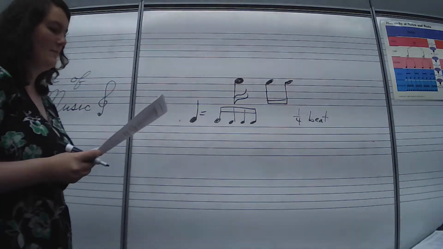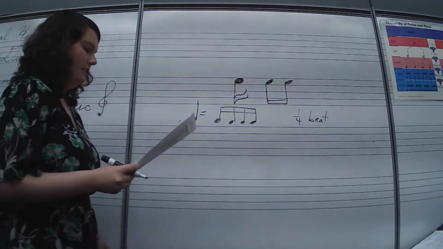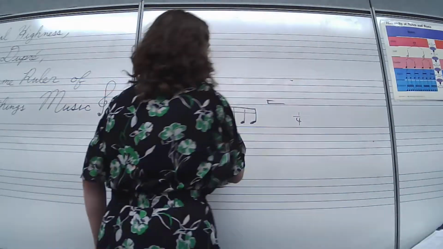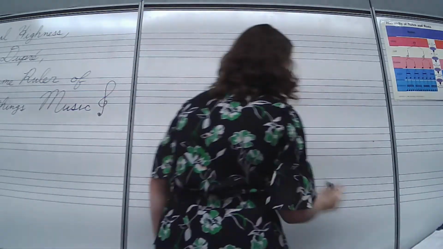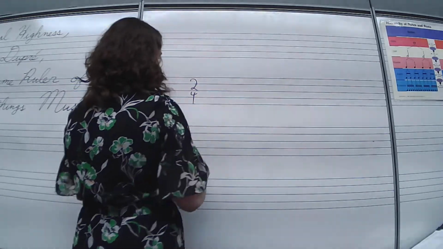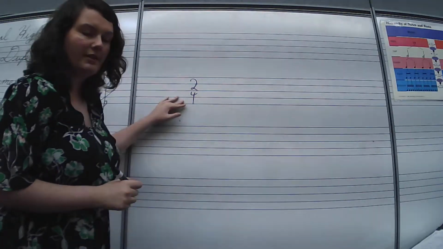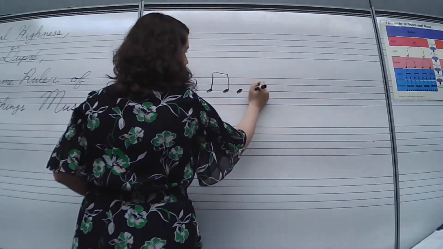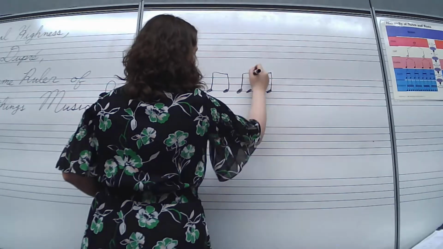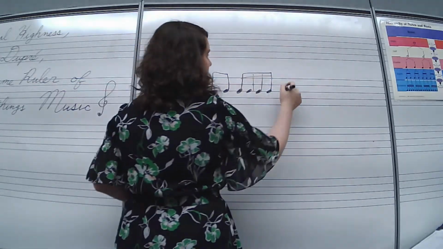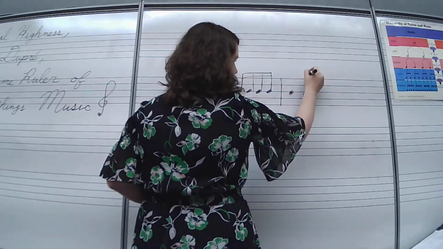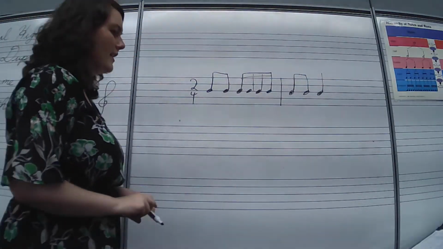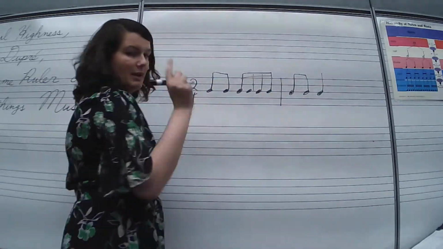So we're going to clap some rhythms here. Number 1 looks like this. So we have 2/4. That means 2 beats per measure. Quarter note still gets the beat. I'm going to write this up here anyway. Here's how I like to count these. I count the number right on the beat.